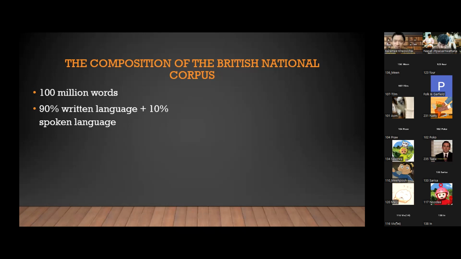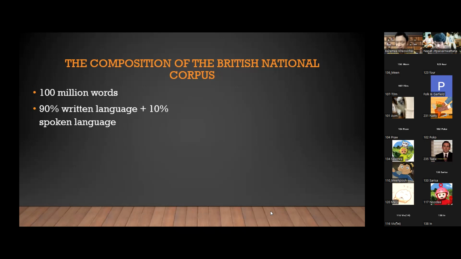Now, 90% of the British National Corpus is written language. Arguably, in our everyday life, we spend a lot of time reading and writing, so the corpus is heavily towards written language. Also, collecting written language is easier than spoken language, because for written language, sometimes you can just copy and paste.